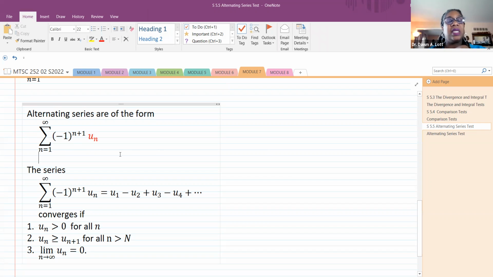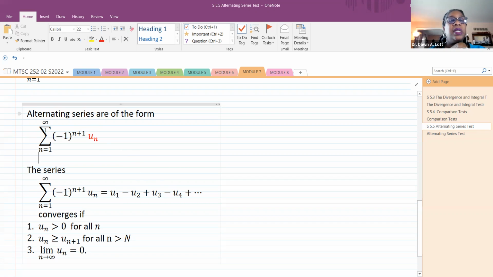So now if you look at this series, you will have U1, U2 may be negative, U3 will be positive, U4 is negative, or it could start negative. U1 could be negative, U2 could be positive. In any event, these series always alternate in sign. That's why they're called alternating series.